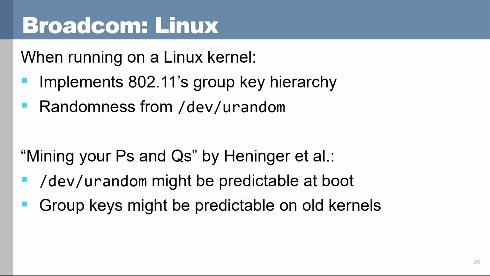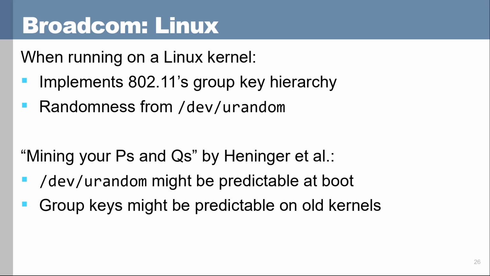Now, if you run a newer Linux kernel, this should no longer be an issue. However, because a lot of routers use an old kernel, this might be an issue. I haven't tested this. This is simply based on their paper that /dev/urandom is not ideal for older kernels, essentially. So that's for Linux.